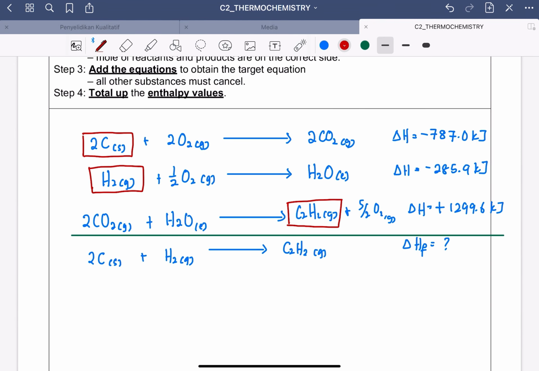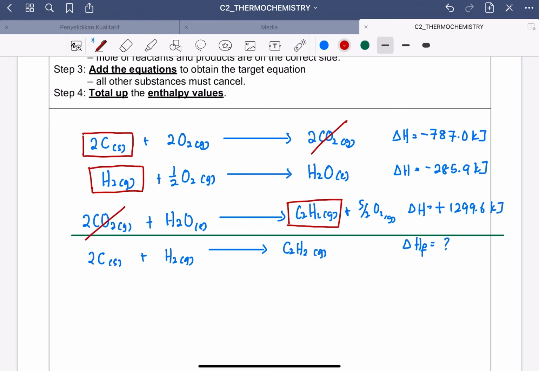Now, the one that we block is the one that we need to bring down here at the end. So the rest that we are not blocking, we have to kill it and let it die. Kill, kill, die, die. So I know you understand this concept. For example, our CO2, we have another CO2 here. This one at reactant, this one at product, so we can cancel it.